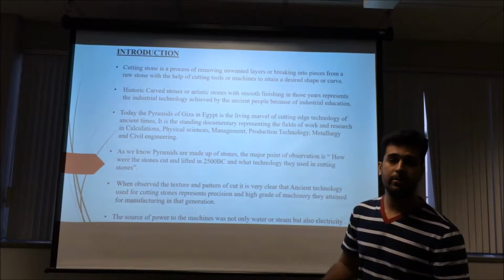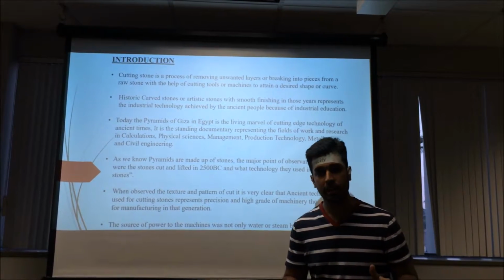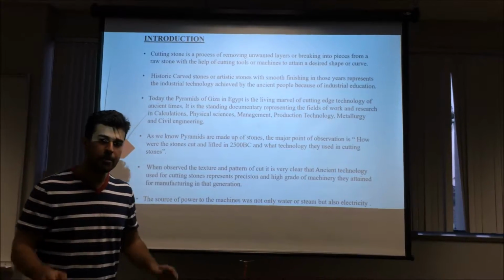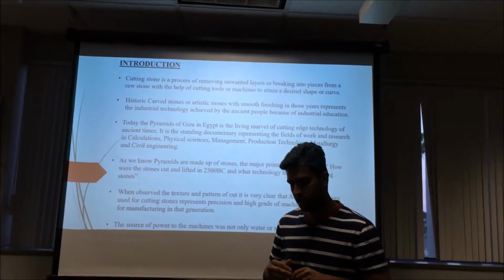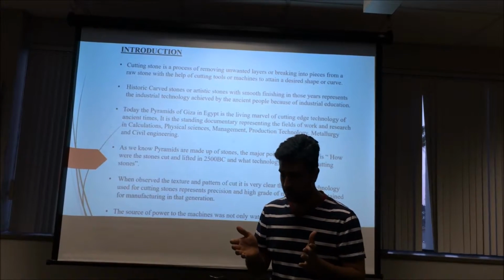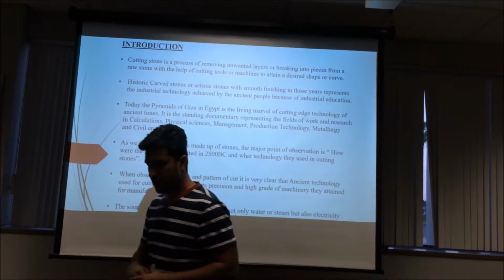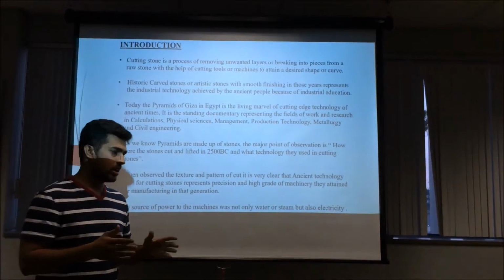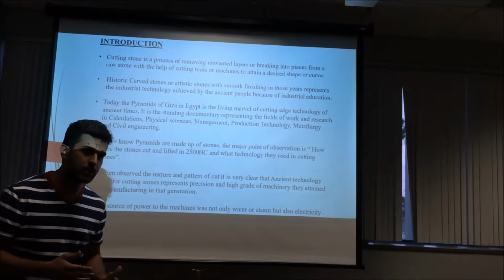Let me go deep into the topic and tell you how they used electric power for cutting the stone. Before getting into how they cut the stones, let us imagine how electric power is used in cutting stone. Let's take an example. Cutting stone needs a rotatory power or a sliding power.